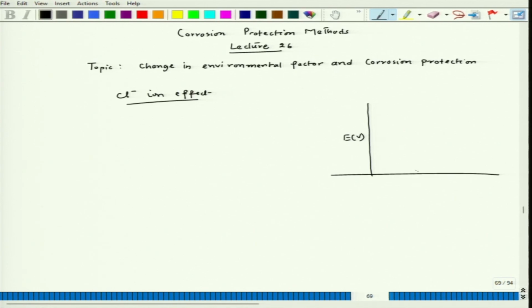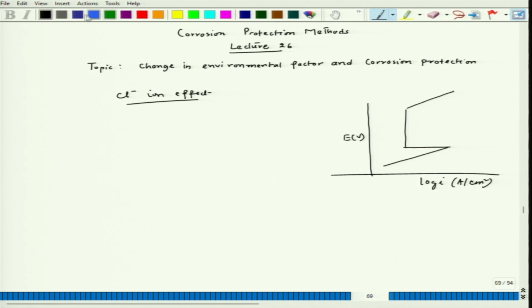This is E volt, log I, let us say ampere per centimeter square. This is the anodic part of an active passive metal.